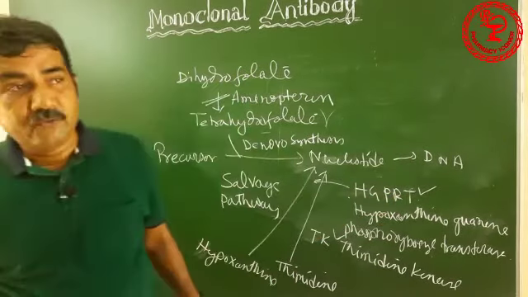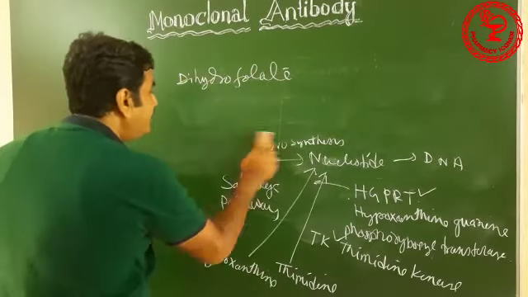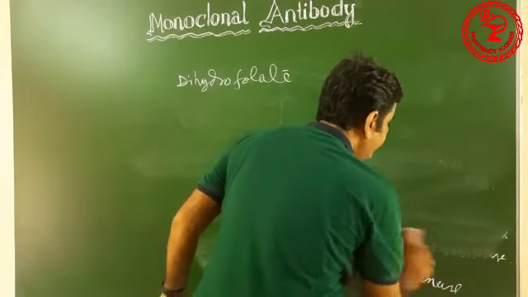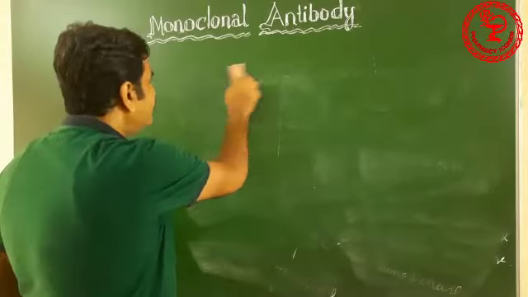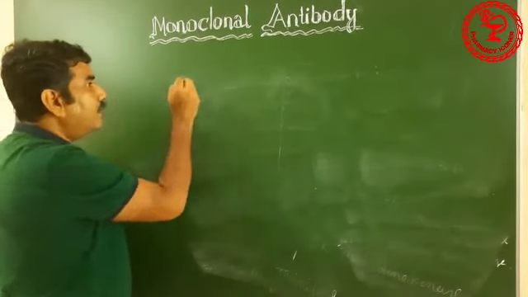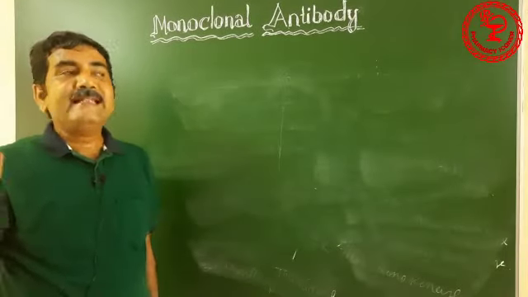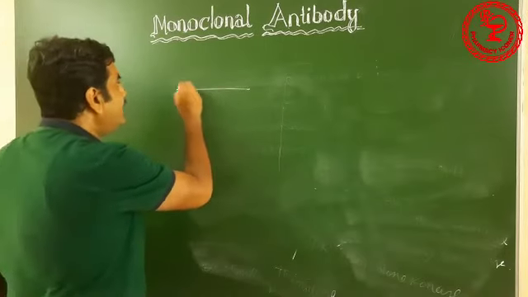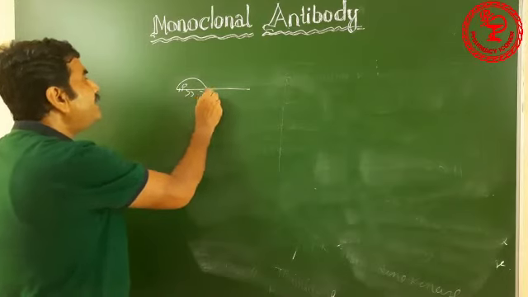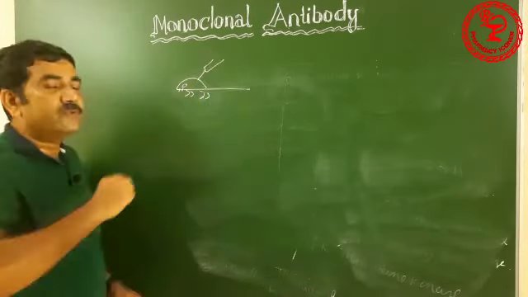Now, going back to the original process. What happens? A mouse is immunized with the specific antigen. The antigen is injected into the mouse.